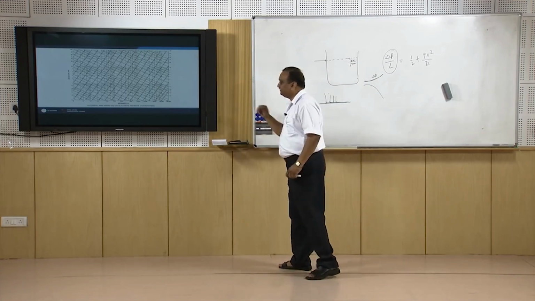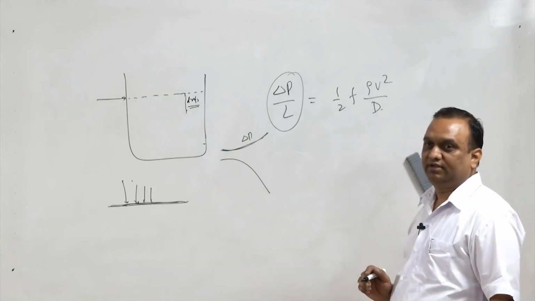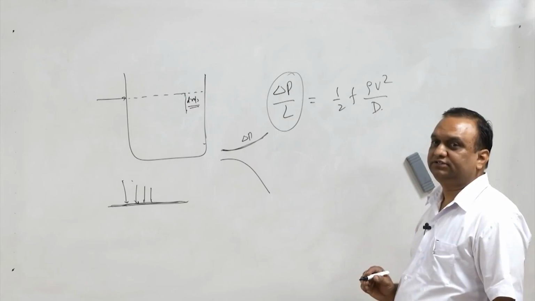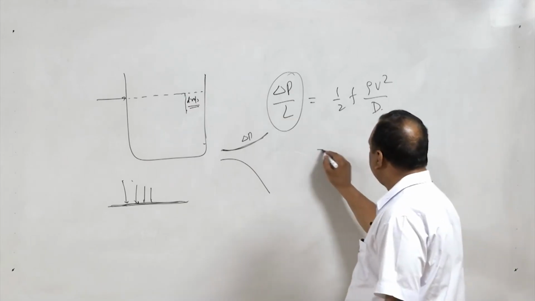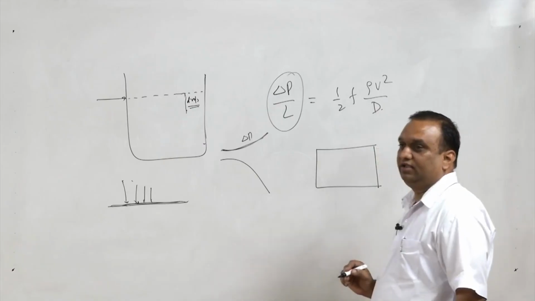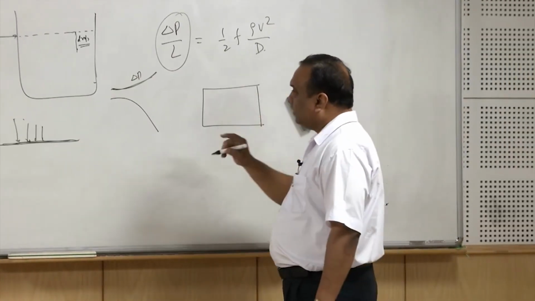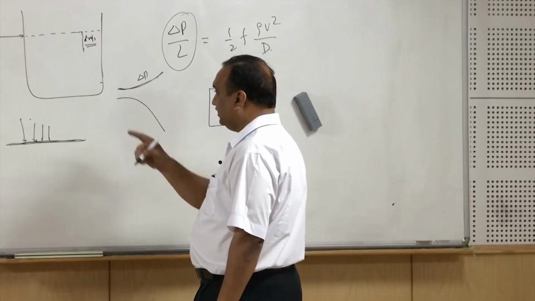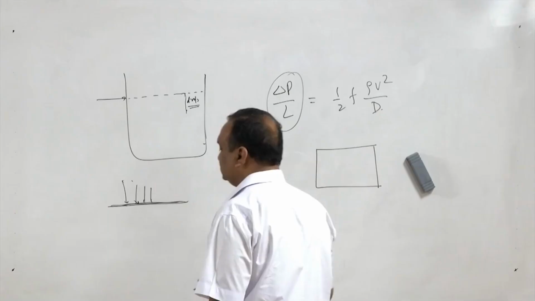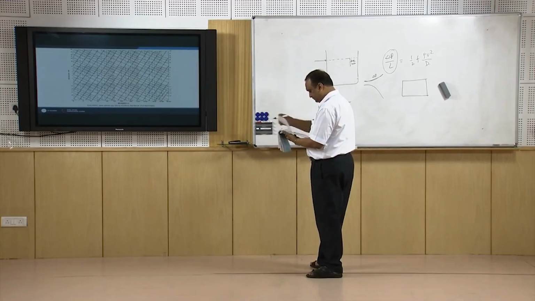Before I start with the duct friction chart, I will tell you, because all the ducts are not circular. Some of the ducts are rectangular, right? Now in those rectangular ducts, what are we going to do? This chart is only for circular ducts.